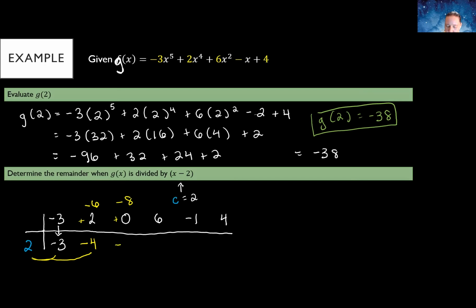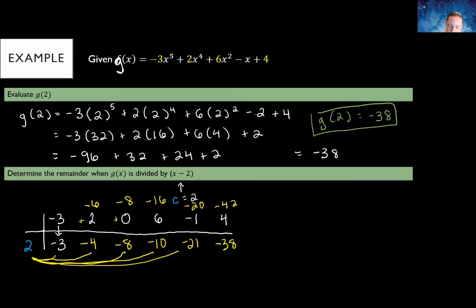Plus 0 is negative 8. 2 times negative 8 is negative 16, plus 6, negative 10. 2 times negative 10 is negative 20, minus 1 is negative 21. 2 times negative 21 is a negative 42, plus 4 gives us negative 38.